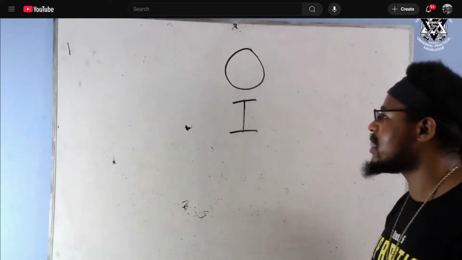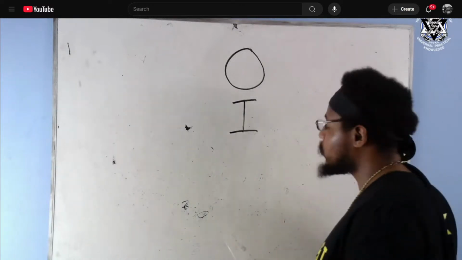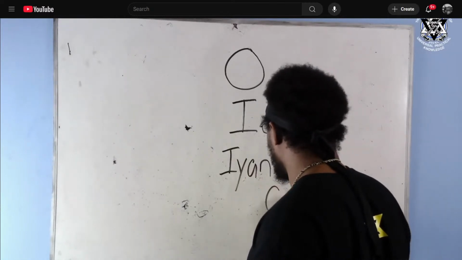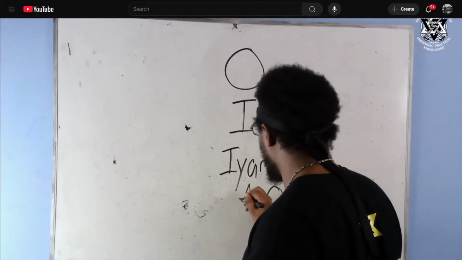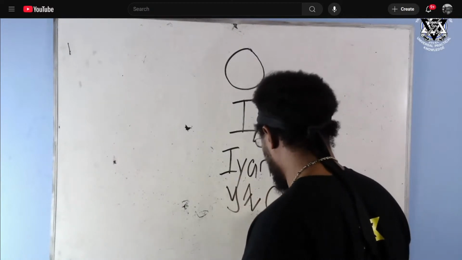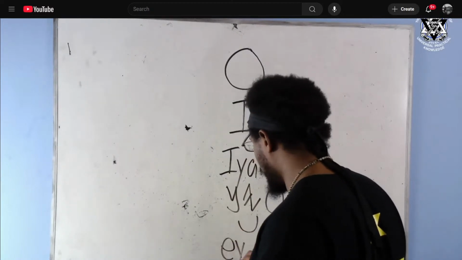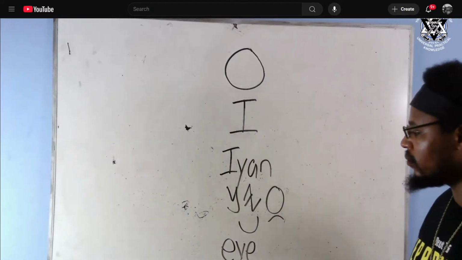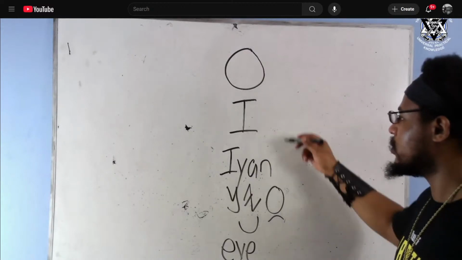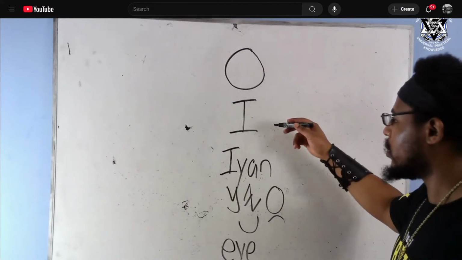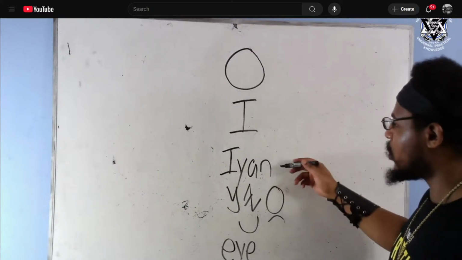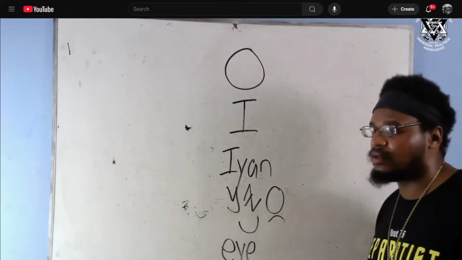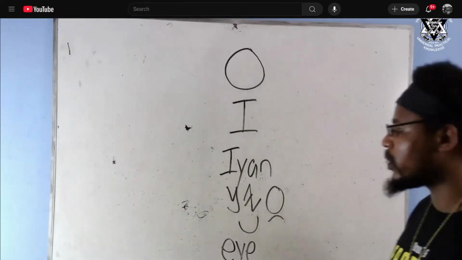This one has an I. It comes from the word Ayan, and it means I, like your eyeball. Ayan means I, like your eyeball. That's where it comes from.